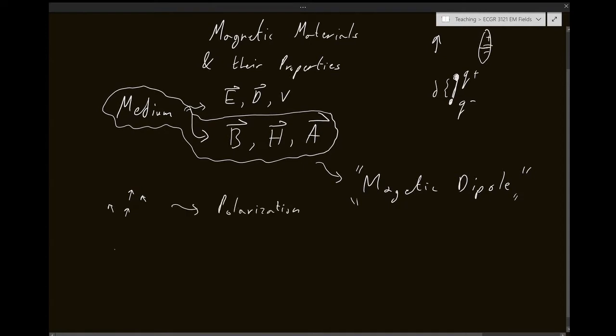In the same manner, we will take the magnetic dipole. I won't draw it now. Just the M dipole, right? And we'll use it to describe something called magnetization. And magnetization and polarization are analogs of each other.